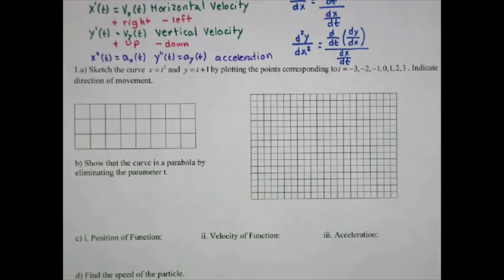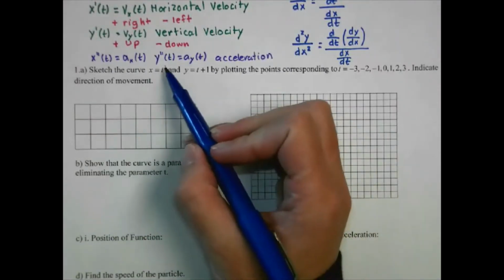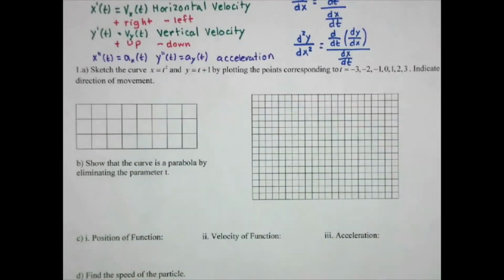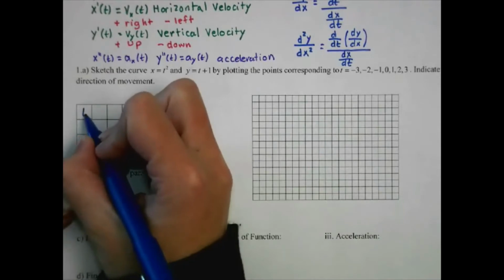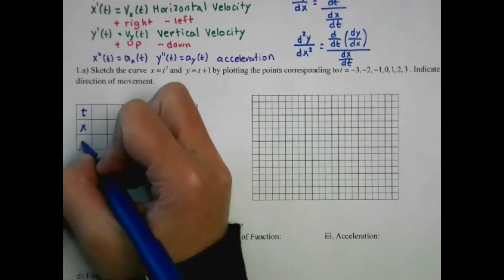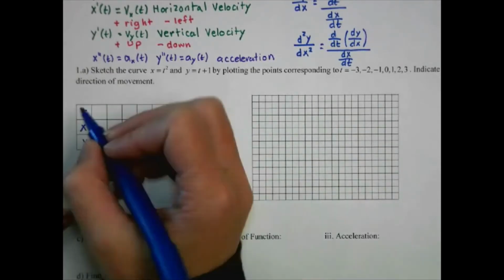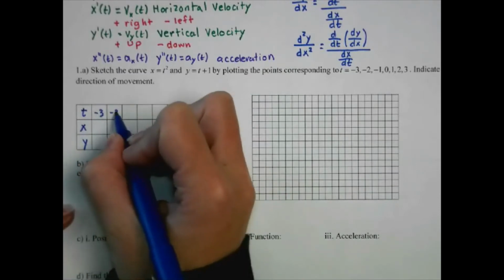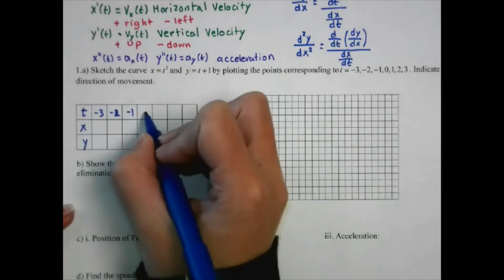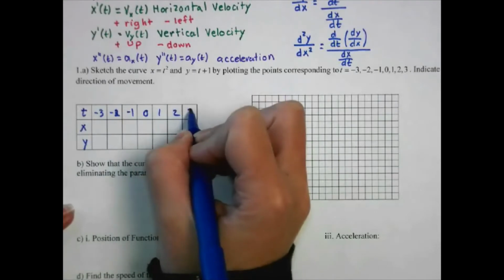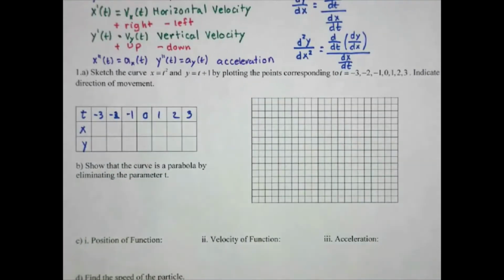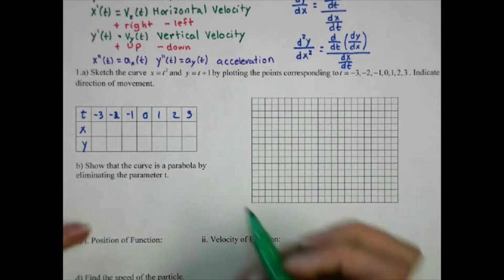Okay, so our first example, we have x is t squared and y is t plus 1. We're going to plot these points, and we're just going to do this all by hand. So we're going to have a table of values with t, x, and y. My t's are going to go from -3 to +3. Then we're going to plug those into each of the equations.